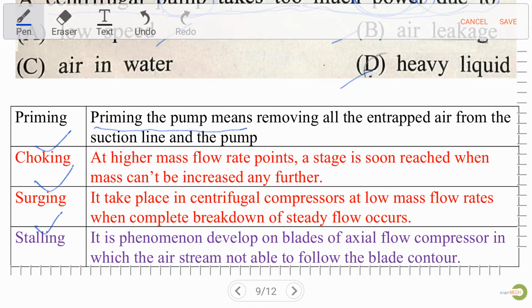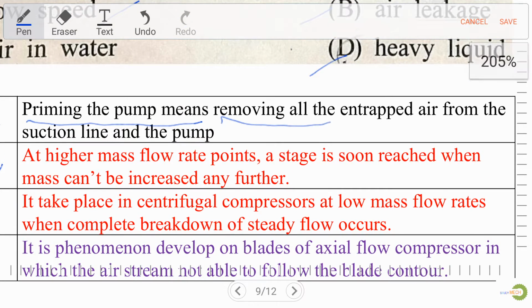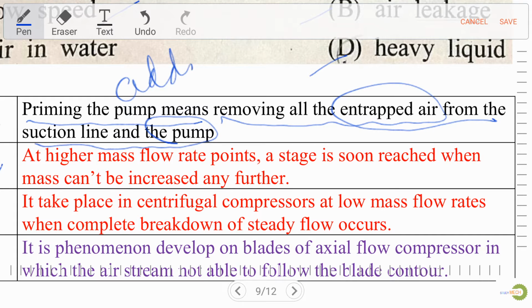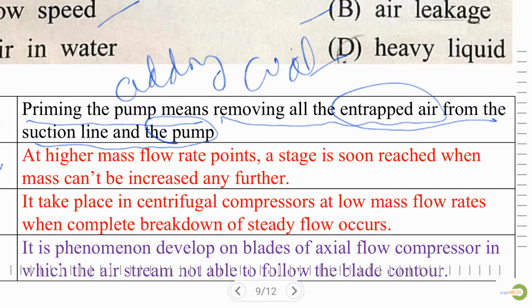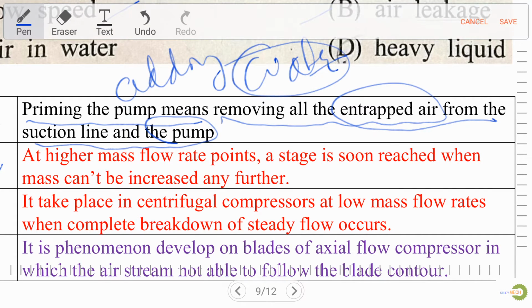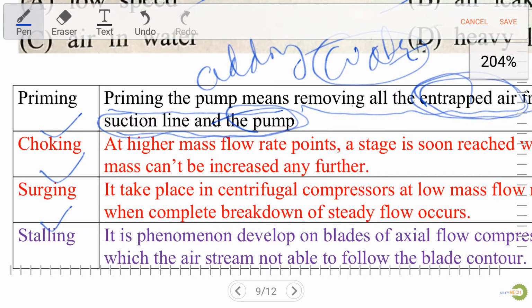Priming the pump means removing all the entrapped air from the suction line and the pump by adding water. If we add water in the suction line and the pump, then we can remove the entrapped air. So I think we have a clear idea about priming.